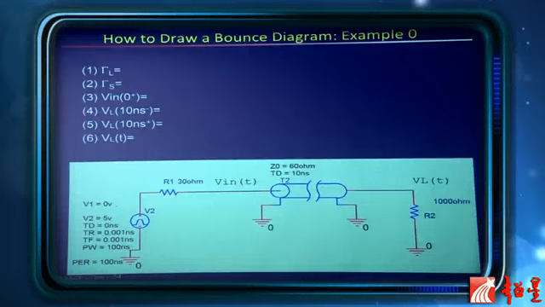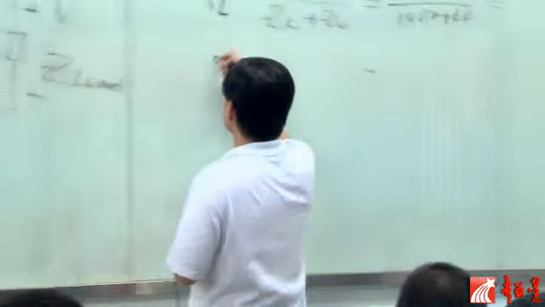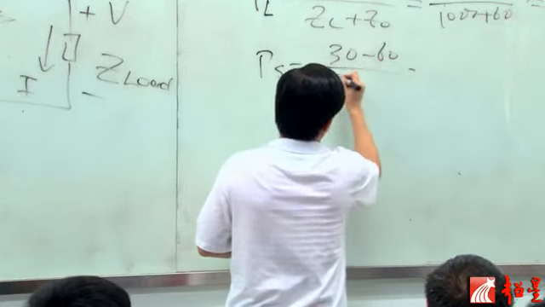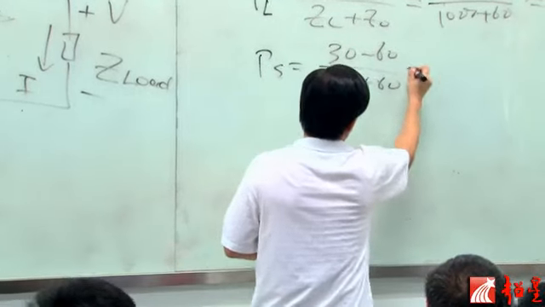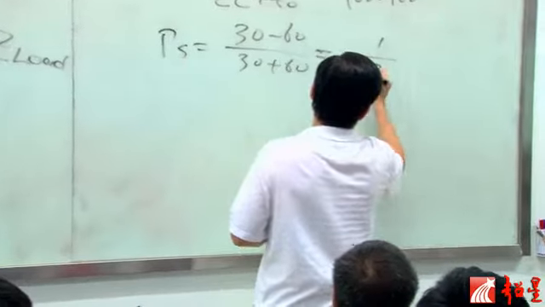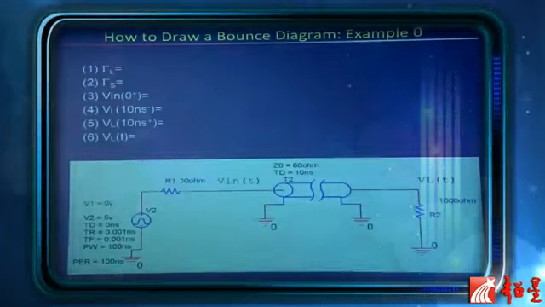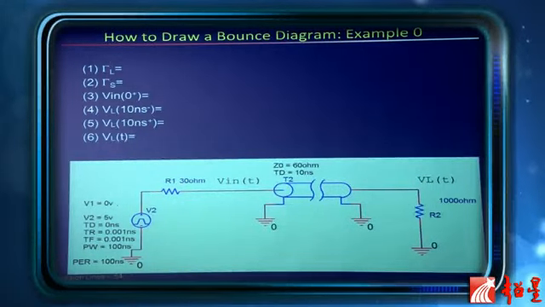So there's a reflection coefficient at the source. It's 30 minus 60 over 30 plus 60. It's negative 1/3. So that's the source reflection coefficient.